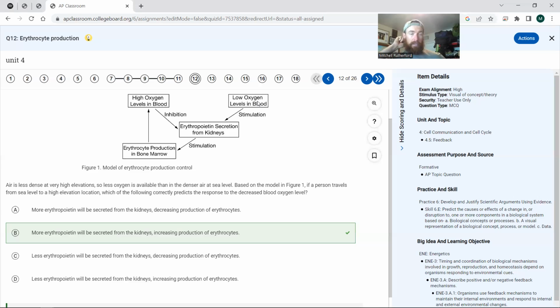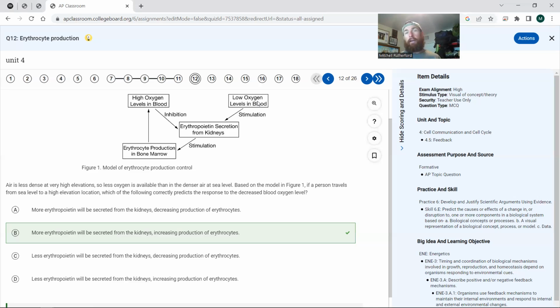Erythro means red, and cyte means cell. So erythropoietin is secreted apparently from the kidneys. I didn't know that, but your kidneys filter your blood, so I can imagine that if your kidneys are filtering your blood and they're like, "Yo, we don't have enough hemoglobin, enough erythrocytes, red blood cells," then it's going to want to make more.